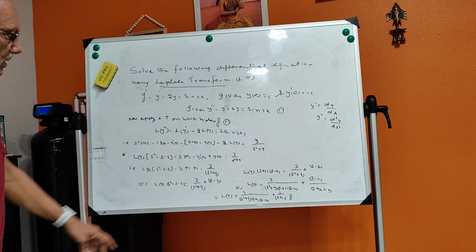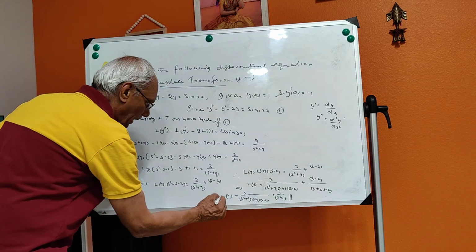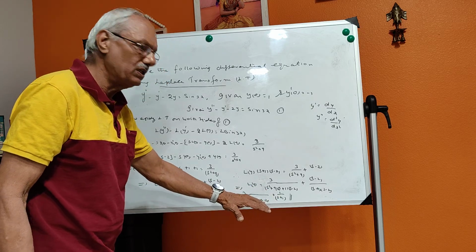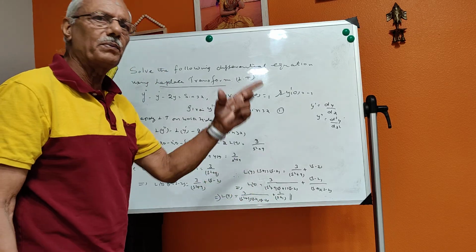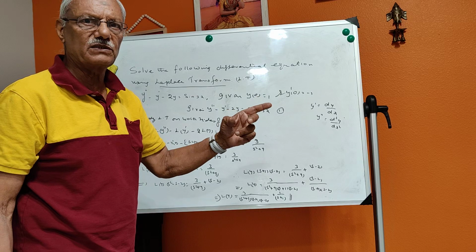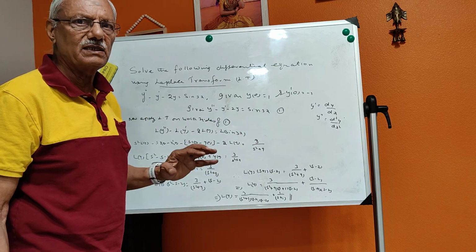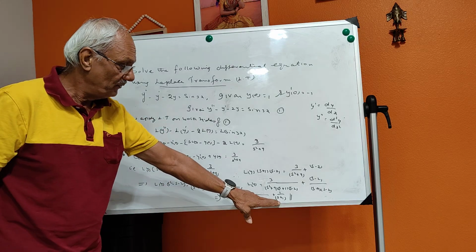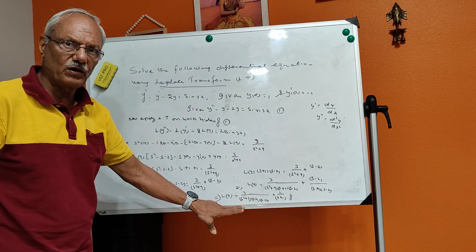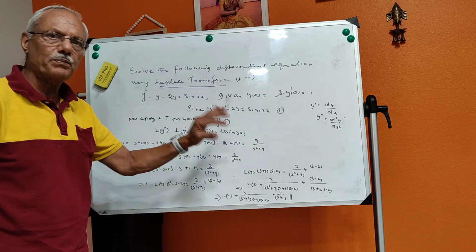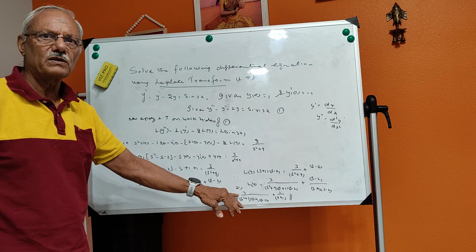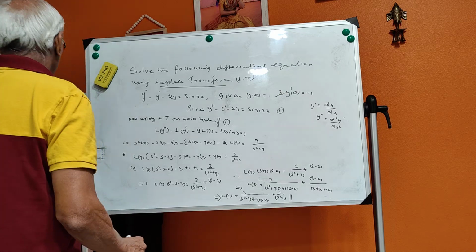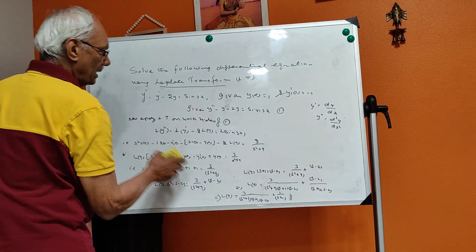Now you see that I am able to get the value of this L of y. I will simplify this using partial fractions, then apply the inverse Laplace transform to get the answer. That is the technique I am using. I will factorize this, split it into small fractions, and then apply the inverse Laplace transform so that you get the value of y of x.